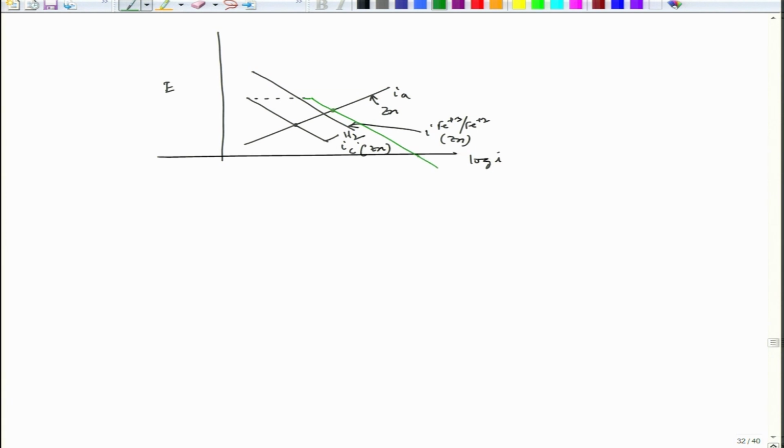So, this is the new corrosion point, this is IC total equal to IC hydrogen over zinc surface, hydrogen evolution, of course, IC Fe+3 to Fe+2 over zinc surface.